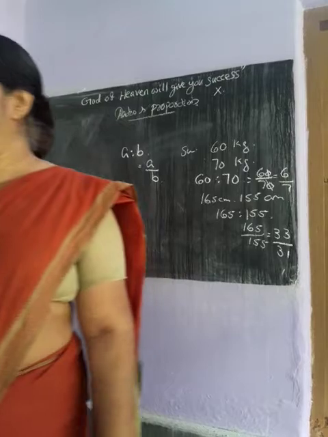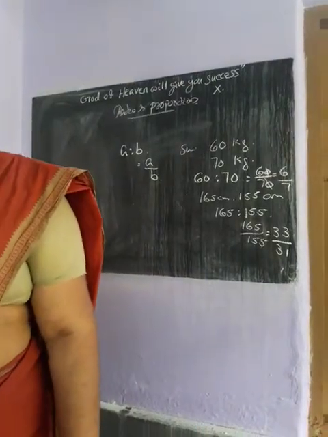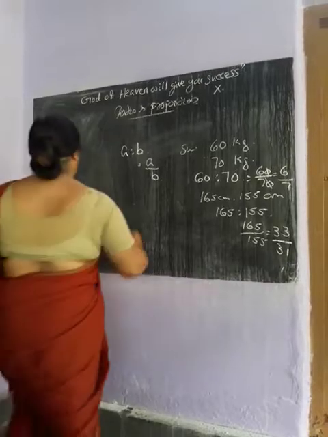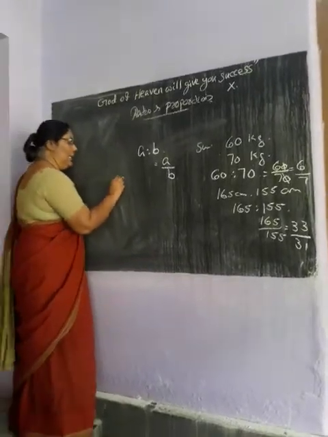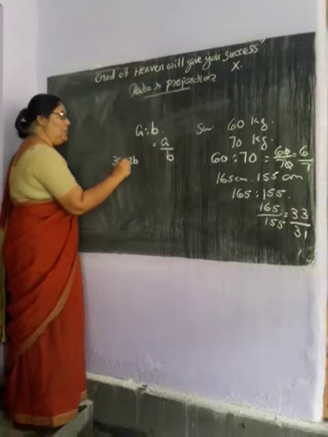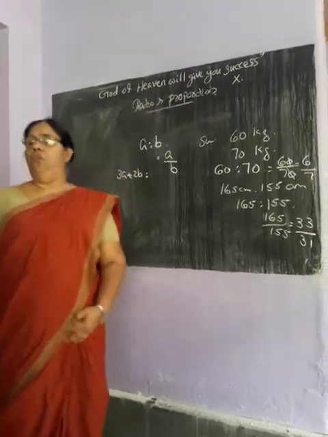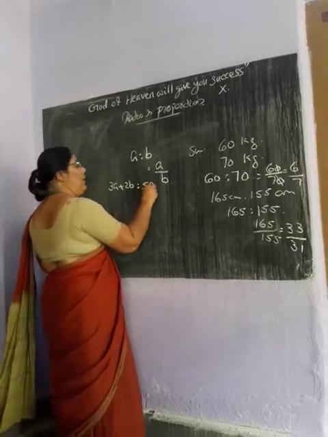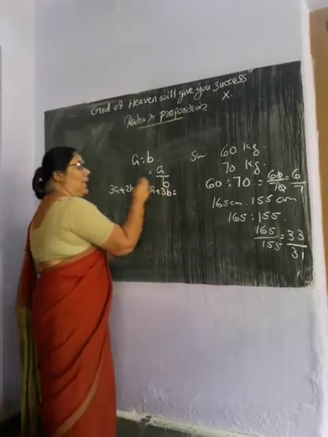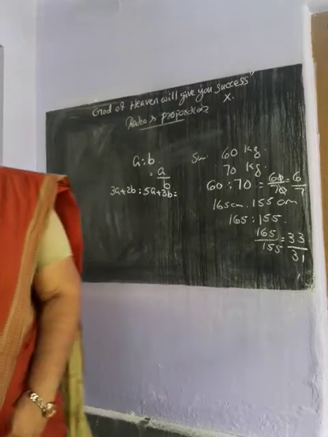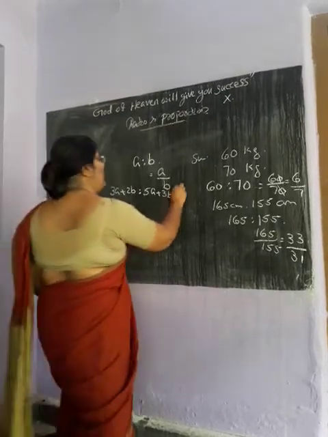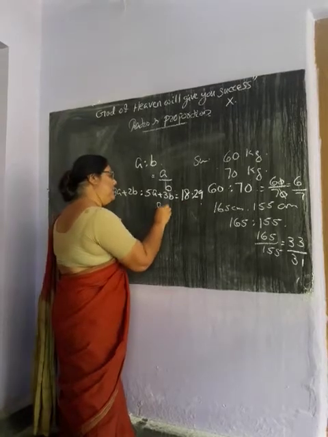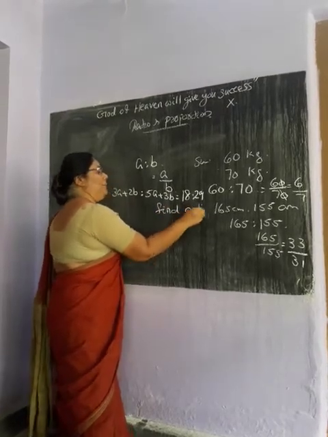Now, write one question. If 3a plus 2b is to 5a plus 3b equal to 18:29, find A:B.